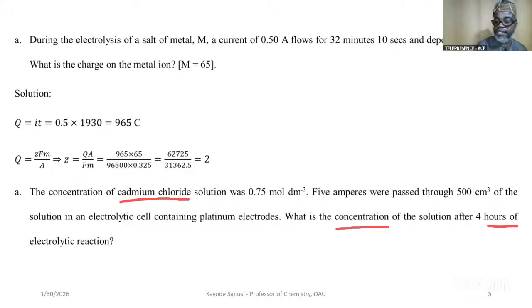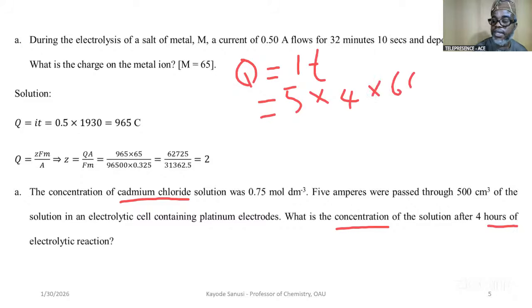First, we can determine the quantity of electricity that was required. Q equals IT, which gives us 5 amperes times the time, 4 times 60 times 60 in seconds.